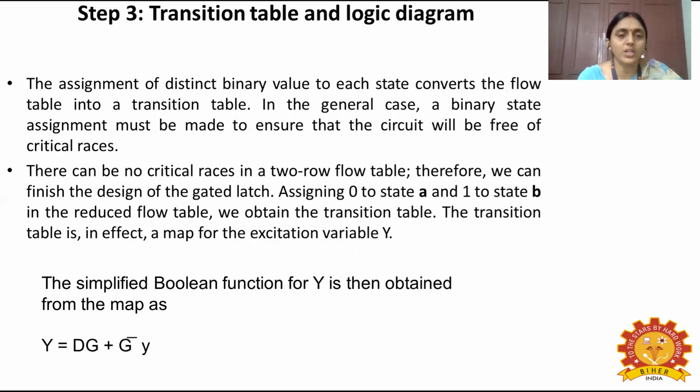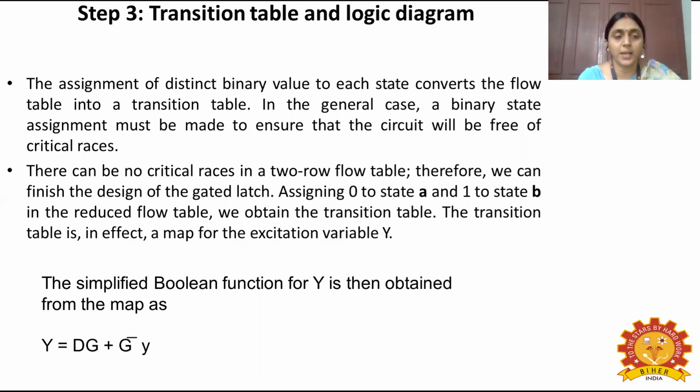There can be no critical races in a 2-row flow table. Therefore, we can finish the design of the gated latch. Assigning 0 to state A and 1 to state B in the reduced flow table, we obtain the transition table.